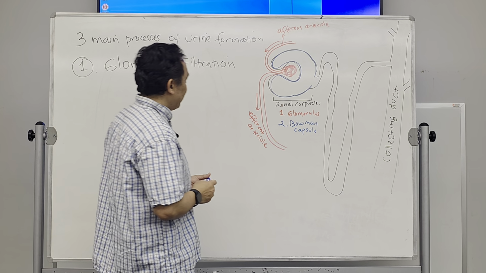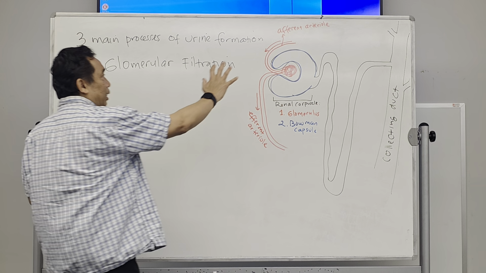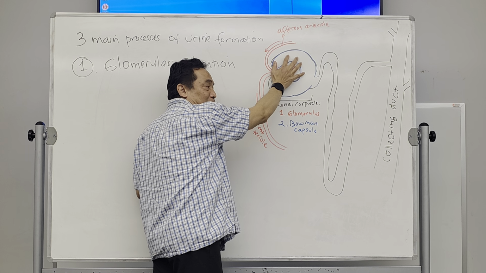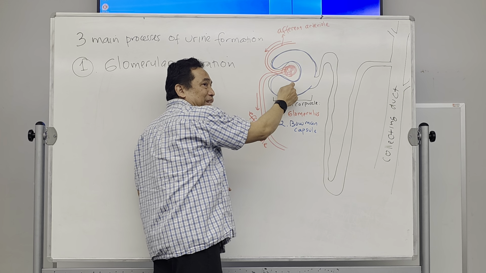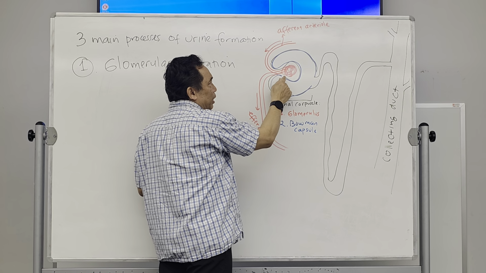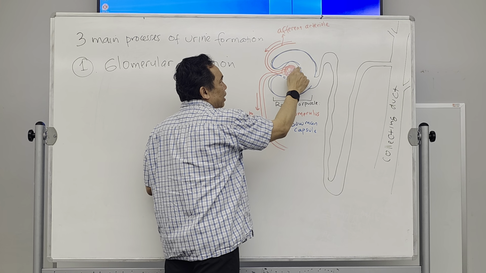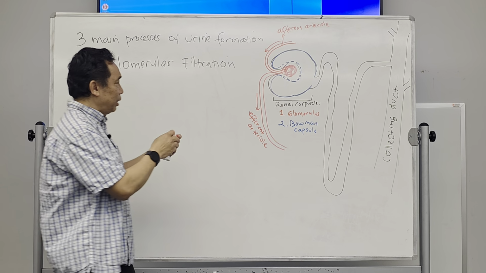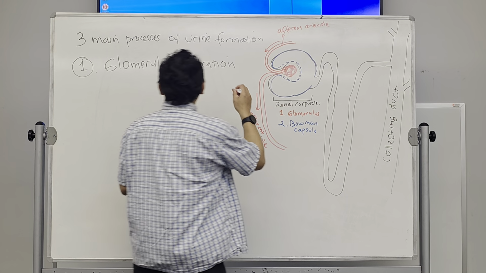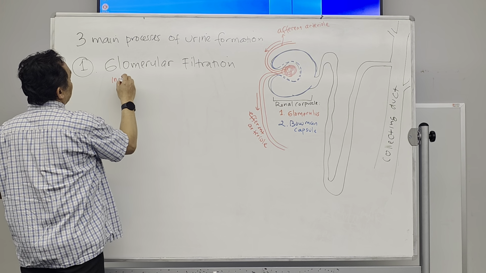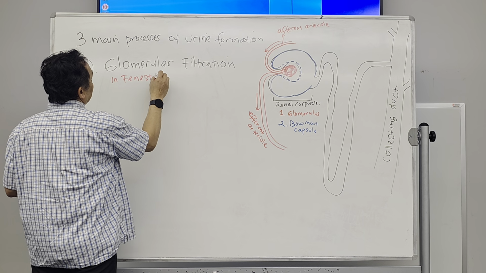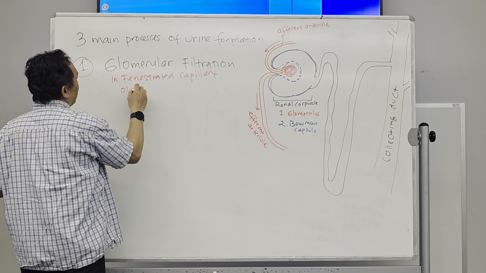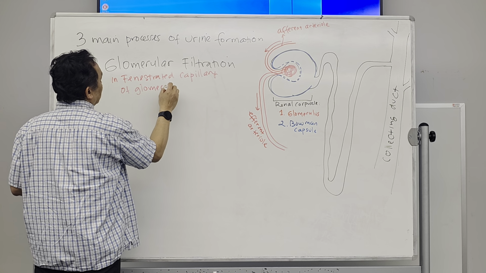Now, the filtration is happening in this place over here, in the renal corpuscle, within the glomerulus and the Bowman capsule. This capillary type is called fenestrated. Remember, there are three types of capillary, and one of them is fenestrated. This is the capillary of the glomerulus.